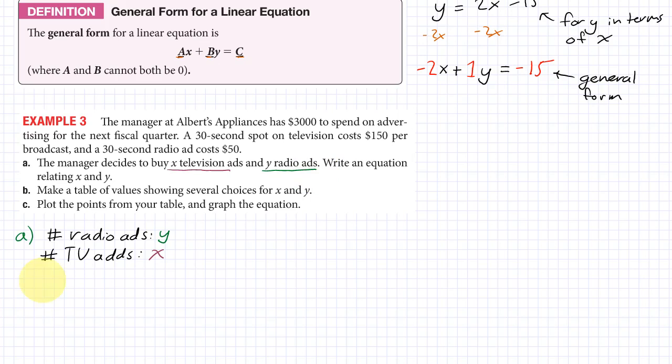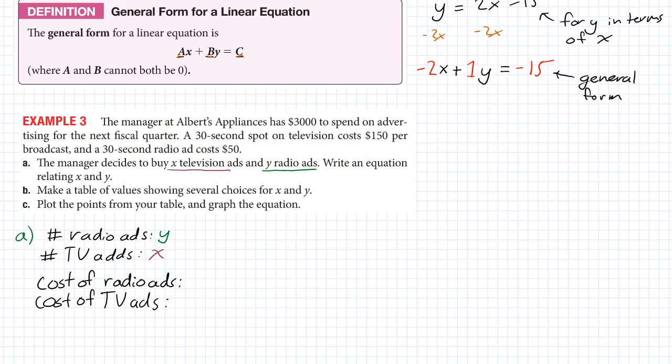What else is going on here? There's the cost of the radio ads and the cost of all of the TV ads. What's given is $150 per broadcast of the ad, and $50 per ad on the radio.